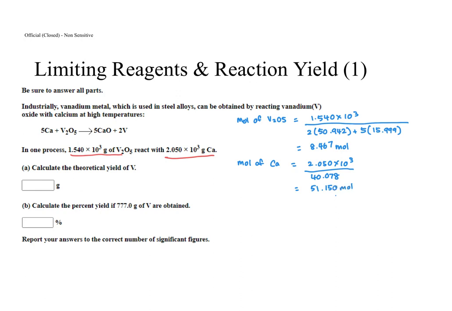Now let's compare the number of moles with the mole ratio that's shown in the chemical reaction. So in the chemical reaction, we see that 5 moles of calcium would react with 1 mole of vanadium oxide. So let's write that down.